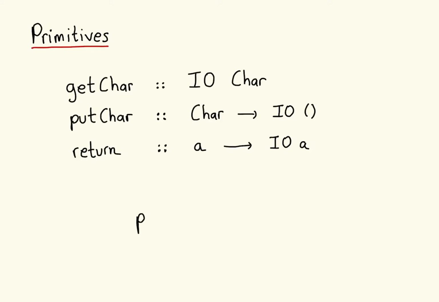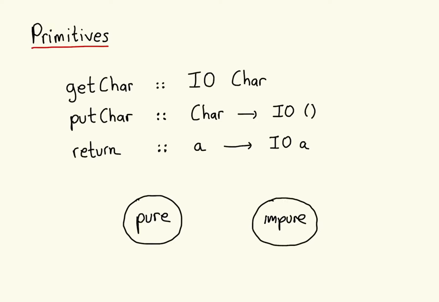If I imagine the pure world of regular Haskell programs, or values of type A, on the left-hand side, and then we have the impure world of side-effecting computations, which have type IO of A, on the right-hand side. So the pure world is the values of type A over here, and the impure world is the values of type IO of A over here. What return is giving you is a little bridge.